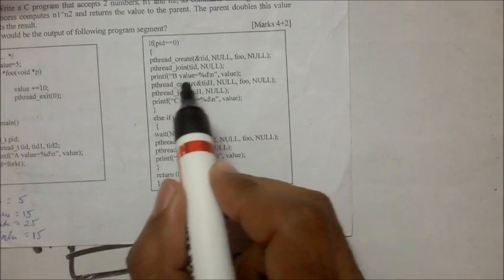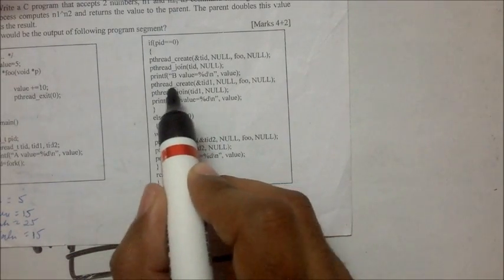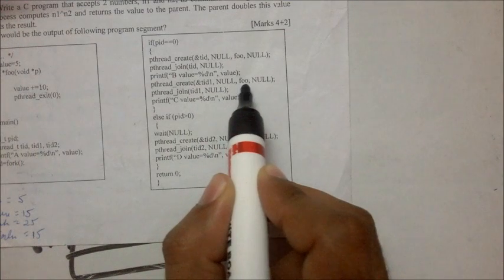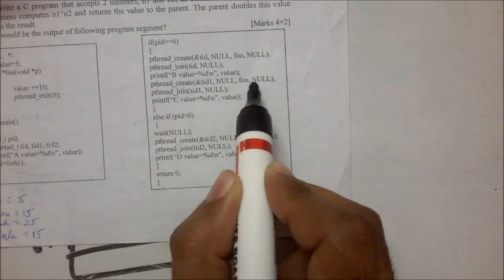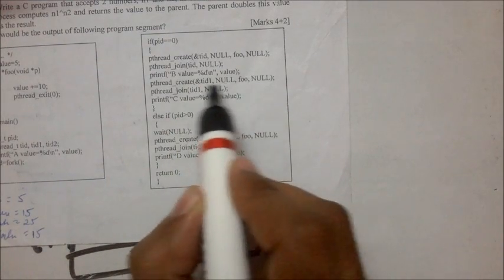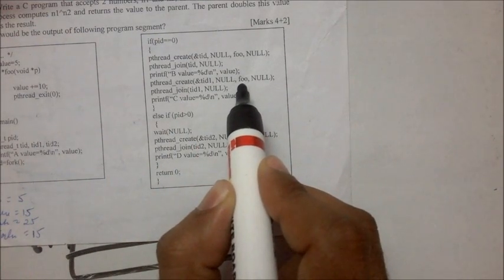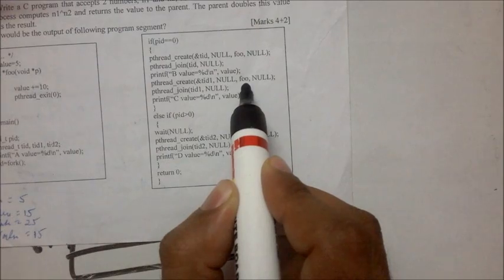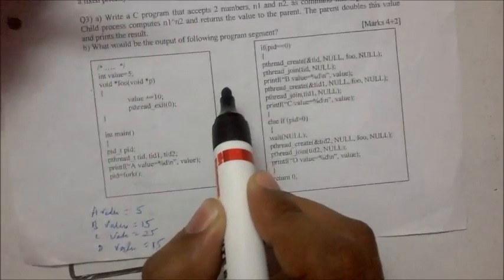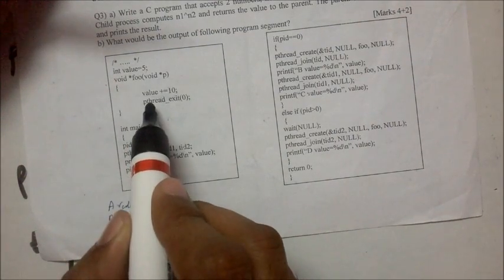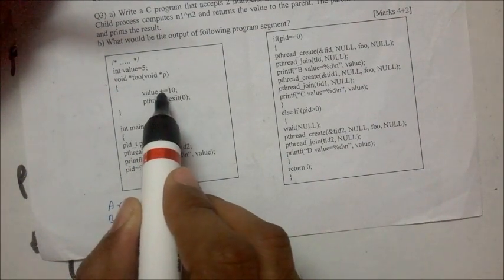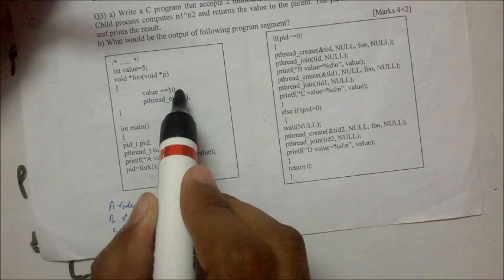Then pthread_create tid1 NULL foo NULL. Again a new thread is created from the child process and it is associated with the function foo. Fine. So here again foo is called and value is updated as value equal to value plus 10.